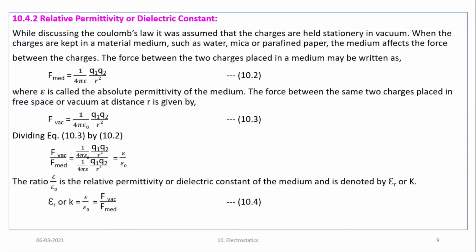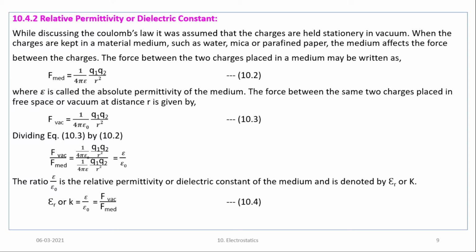Now take a ratio of F vacuum to F medium: 1 upon 4 pi epsilon naught into Q1 Q2 upon r square divided by 1 upon 4 pi epsilon Q1 Q2 upon r square, and we get F vacuum upon F medium is equal to epsilon upon epsilon naught, where the ratio epsilon upon epsilon naught is the relative permittivity or the dielectric constant of the medium, which is denoted by epsilon r or small k.